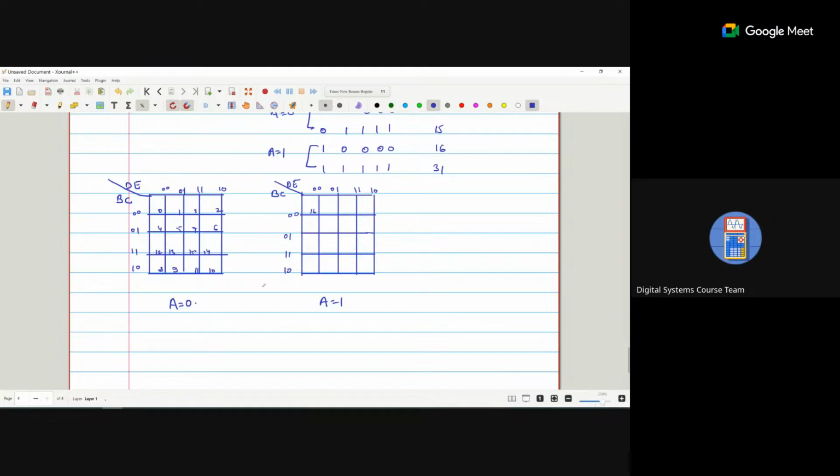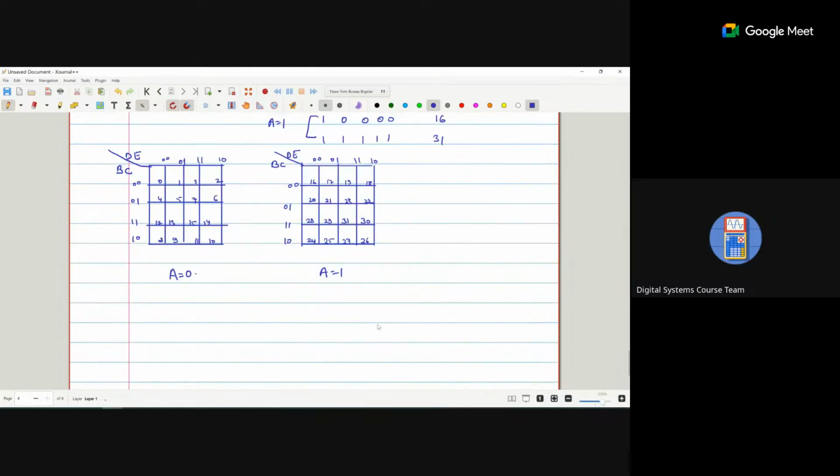And this one starts from 16, 17, 19, 18, 20, 21, 23, 22, 24, 25, 27, 26, 28, 29, 31, and 30.